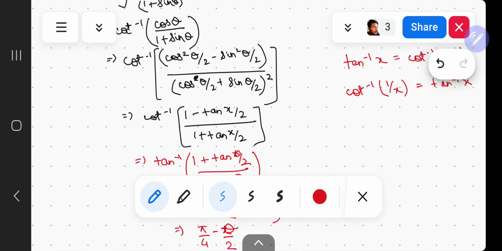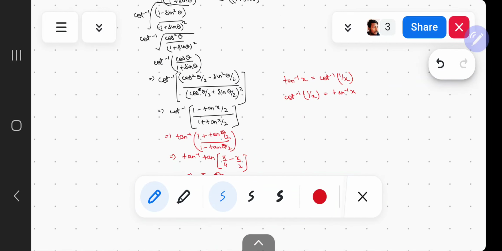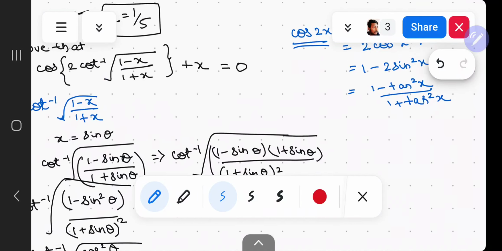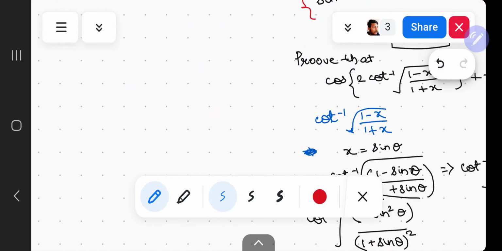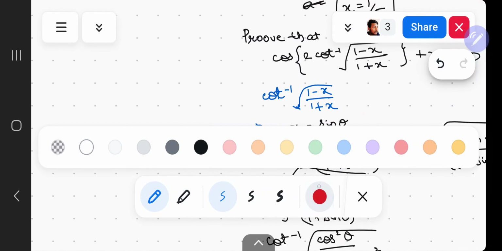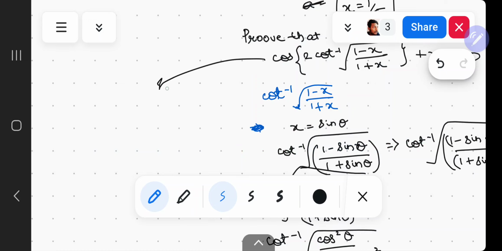Now we'll put the value here. Okay. We'll put this value here. So we'll get cos 2 of cot inverse.